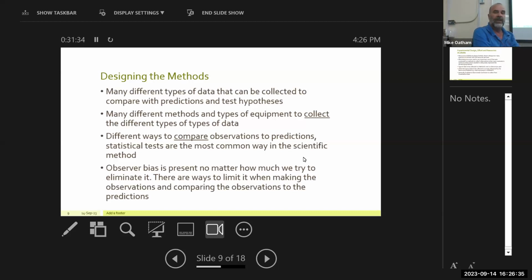Observer bias is always present. We will always try and limit it by doing things like taking random samples and so on, using calibrated objective instruments. Okay? But there may be some observer bias which sneaks in anyway.